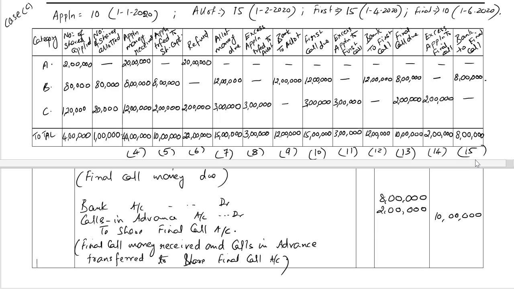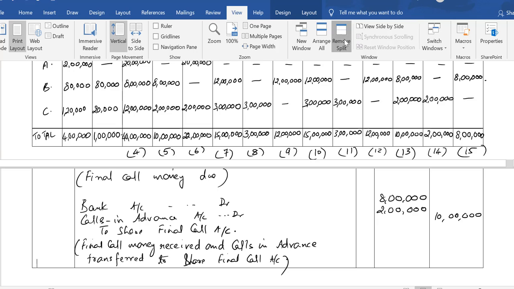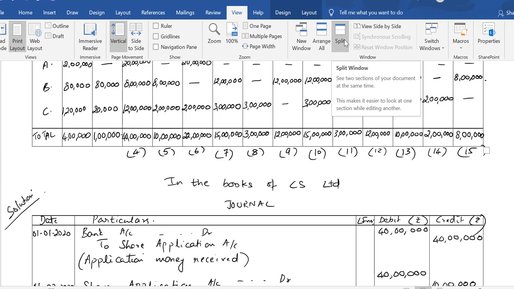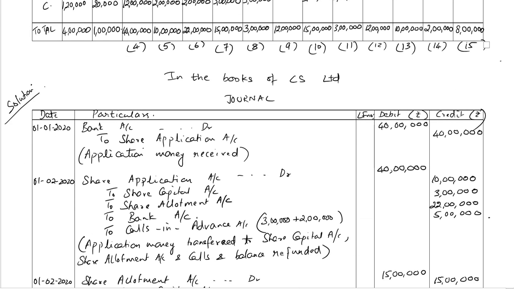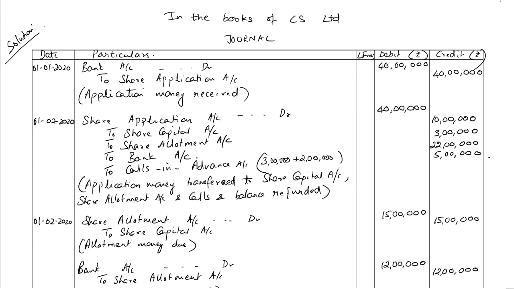We've completed the journal entries. I'll remove the split. We can view the journal entries all together. That's a table on the top, which is part of the working notes. The first part of the journal entries.